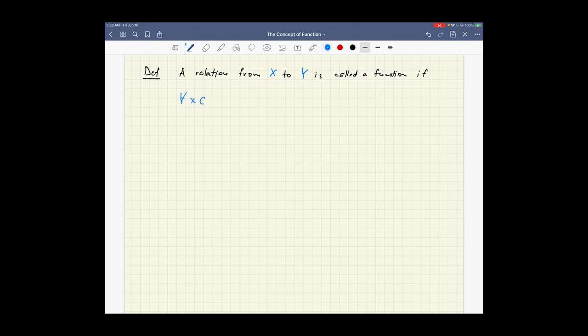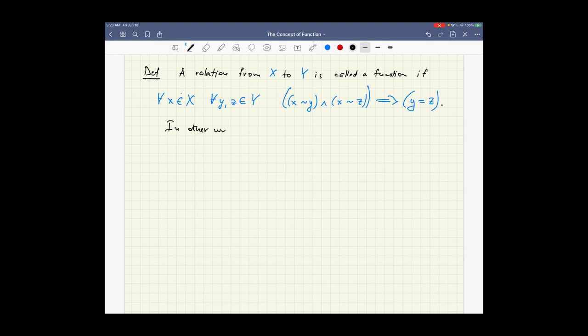For every x in the domain X, for every y and z in the codomain Y, whenever x is related to y and x is related to z, it follows immediately that y equals z. In other words, every x in the domain can only be related to at most one element in the codomain.